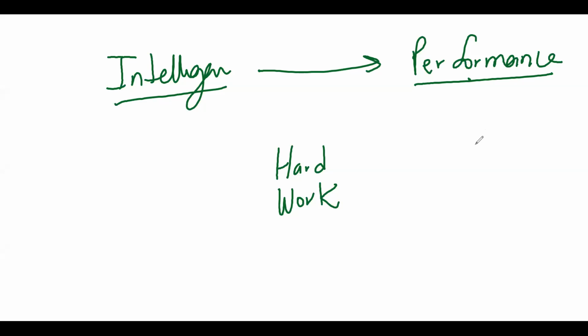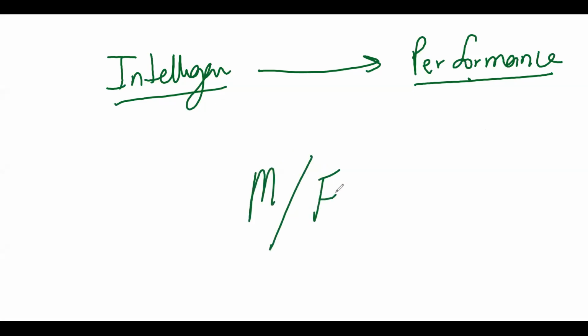Now I'm changing my question. So now I'm asking you, the impact of intelligence on performance, is this relationship the same for male and female? Can I say the relationship between intelligence and performance is the same for male and female employees?